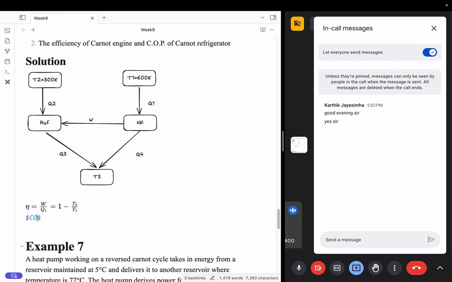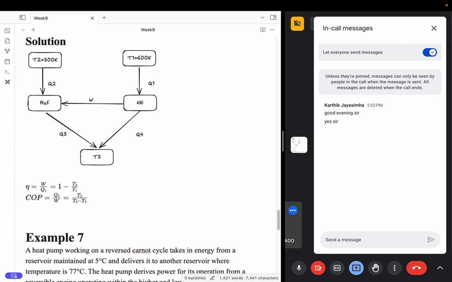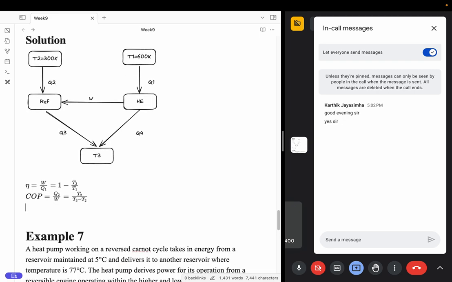And similarly, you can do the same for the second one. COP is your output by input. So what my output is Q2, my input is the work done that I am doing. So that will be T2 by T3 minus T2. So I know work is the same for both of them.